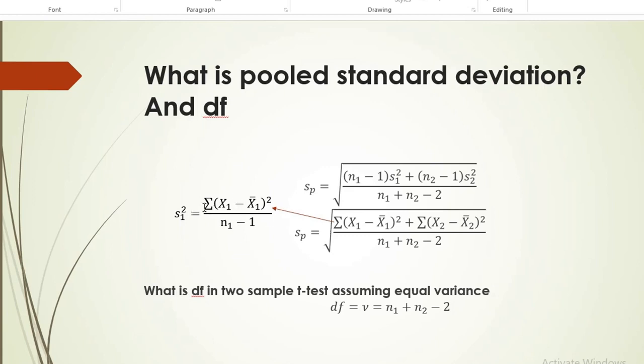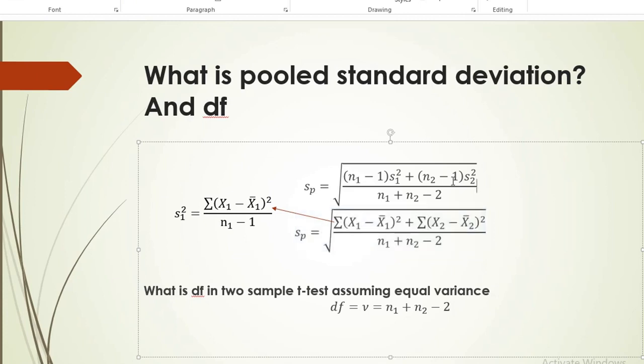Ignore the one; it just indicates the first sample, and two will indicate the second sample. Just remember, this is the formula for the unbiased sample variance: summation of x minus x bar whole square divided by n minus 1. N minus 1 is its degrees of freedom, remember. So if you are given the information about the sum of squares of deviations, then you have to use this formula to calculate your pooled standard deviation.